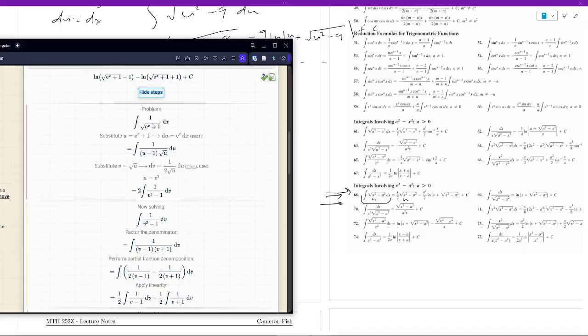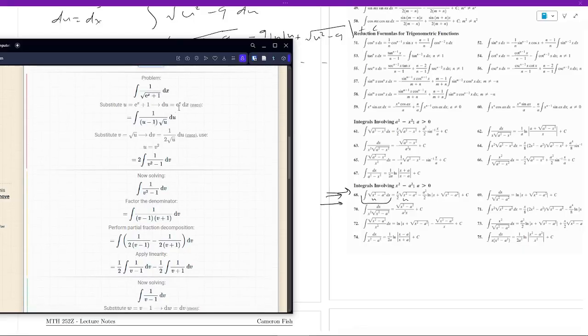Here's our original problem. They recommended doing a u sub, u equals e to the x plus 1. It goes into here, and you get this. Notice that when you do this u sub, you divide by e to the x, but e to the x is u minus 1, right? So that's where this u minus 1 is coming from.